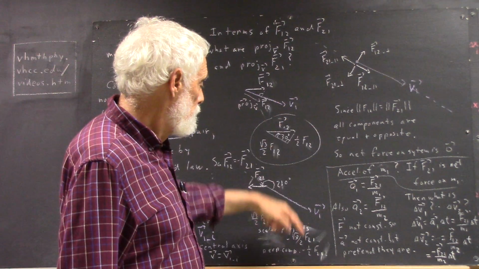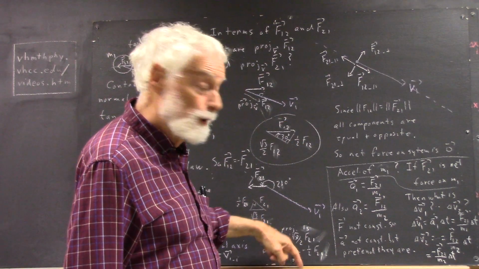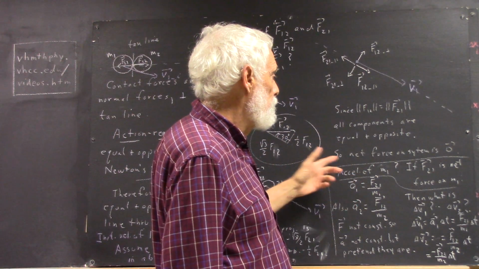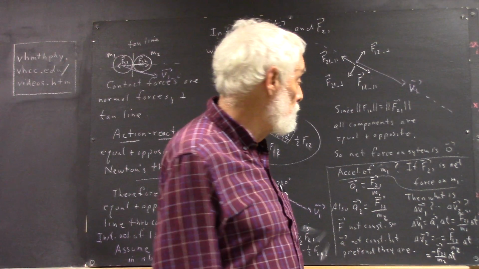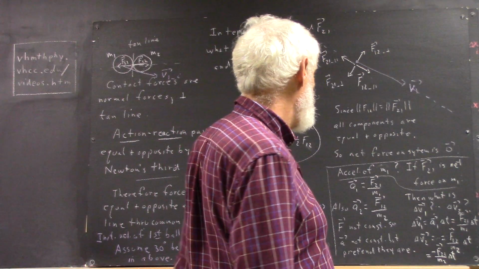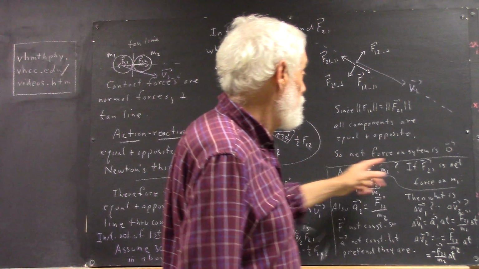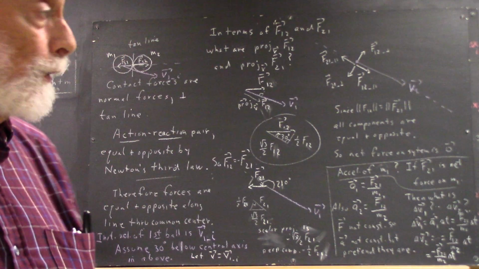And the perpendicular components are also equal and opposite. And from that, we get that the net force on the two-mass system, the system consisting of the two balls, is 0.